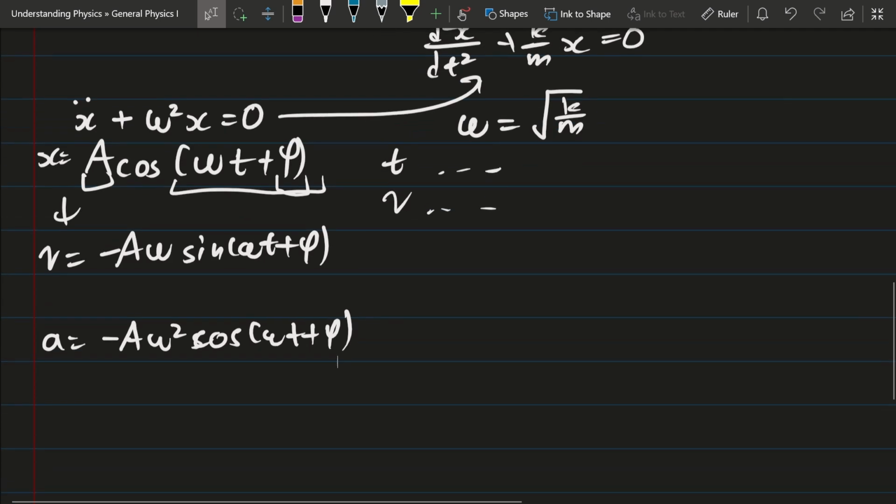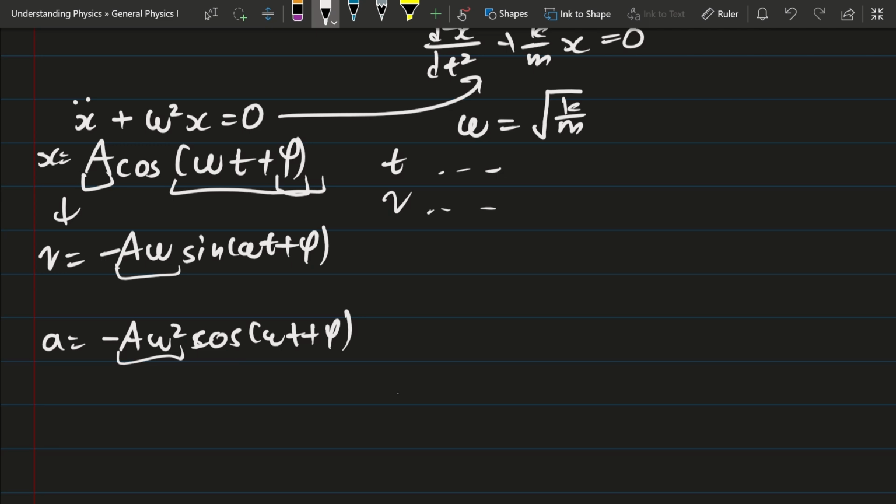So here you can see that the solution fulfills this differential equation. So you would know what the maximum acceleration is, what the maximum velocity is, as well as the maximum displacement. And if you also check the units, it will all still make sense.